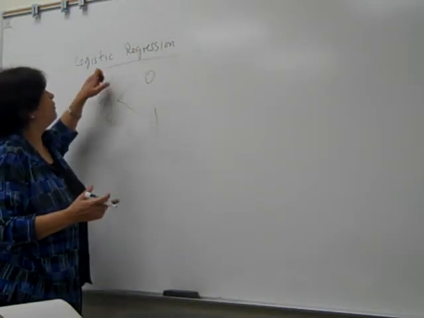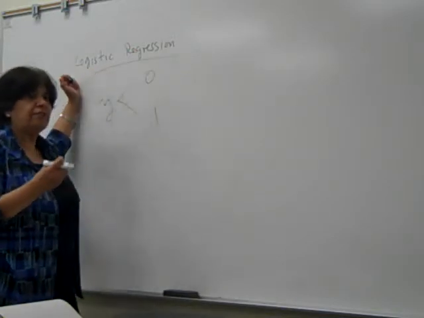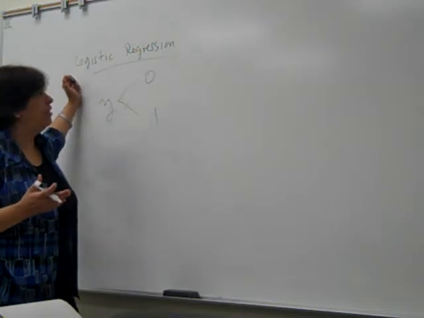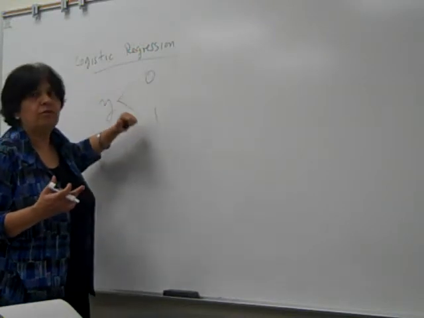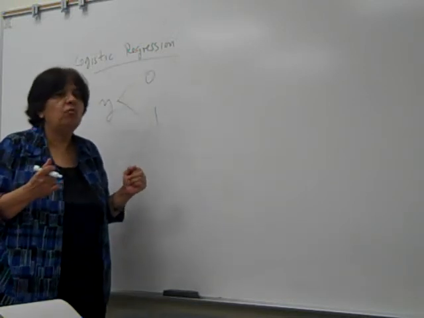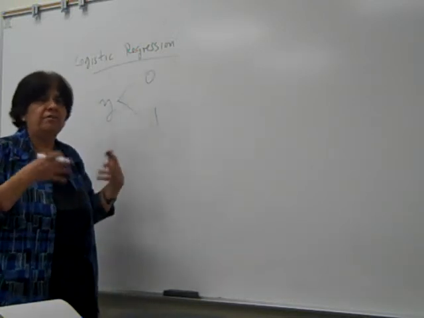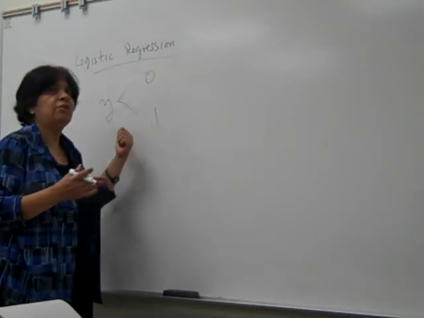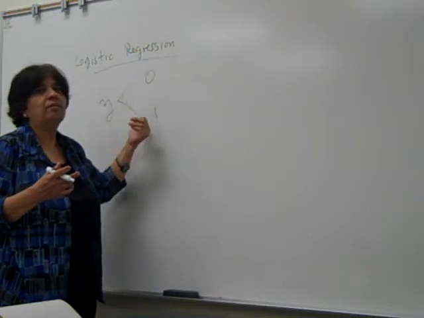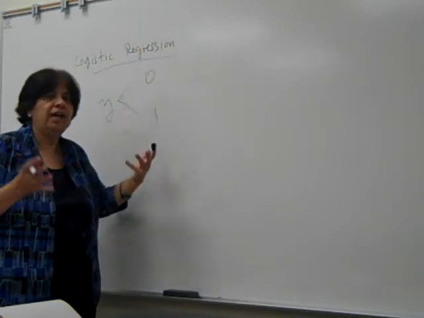And this regression is very used, especially when you are dealing with an approve, not approve kind of thing. For example, when you apply to a university, they should have some formula that tells you whether you are likely to succeed in that university.